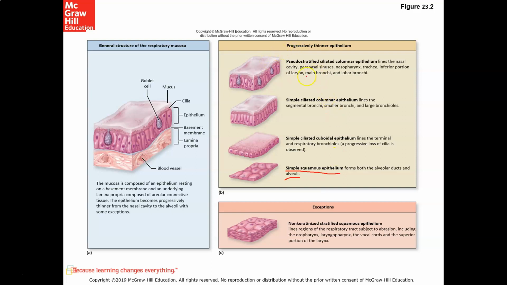So when you breathe stuff in, you're breathing in whatever is in the air. Pollen, dust, soot, whatever it is that is coming into your lungs. That's why you have to have pseudostratified ciliated columnar epithelium with these cells. See these special cells here? This thing is called a goblet cell. Goblet cell creates mucus.